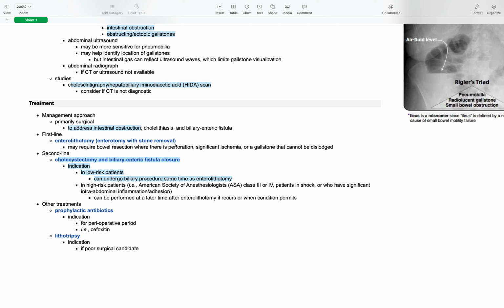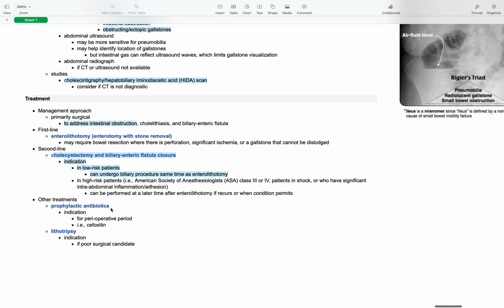And then in low risk patients, you may do a cholecystectomy and also fix the fistula. Other treatments involve prophylactic antibiotics. You usually start with cefoxitin for preoperative treatment, and lithotripsy is indicated for patients who are poor surgical candidates.